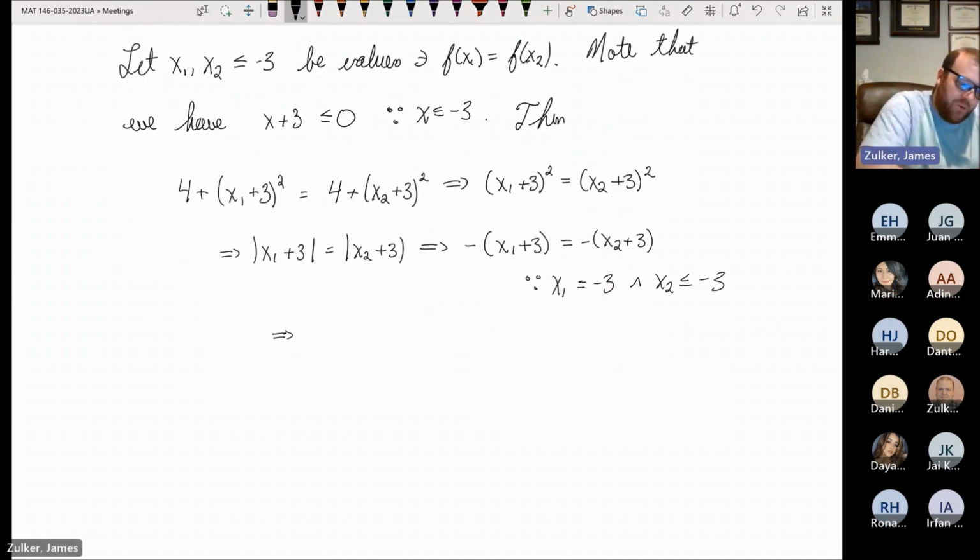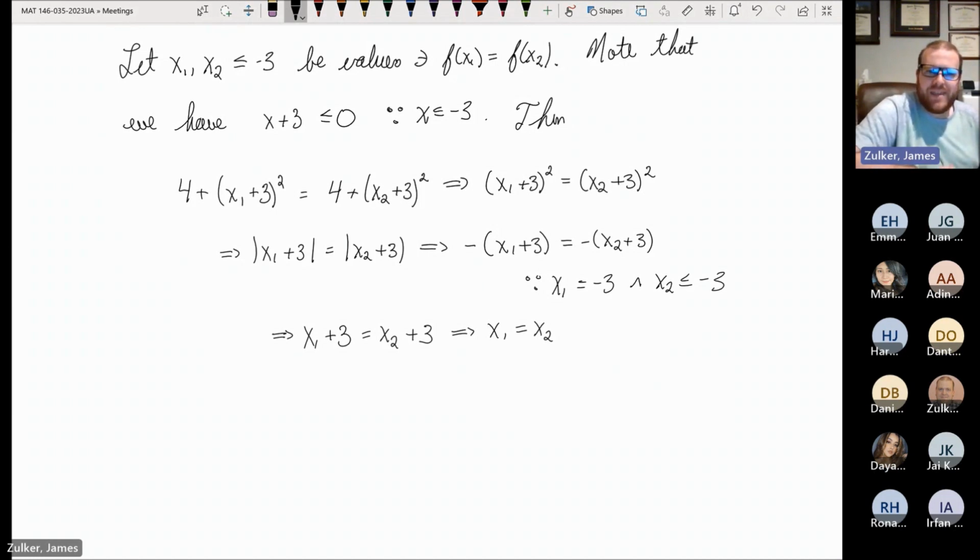Multiplying both sides by -1. And then subtracting both sides by 3.